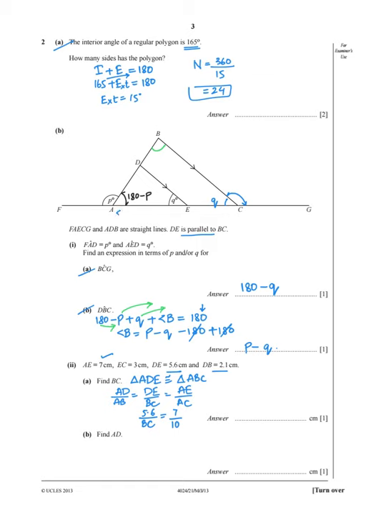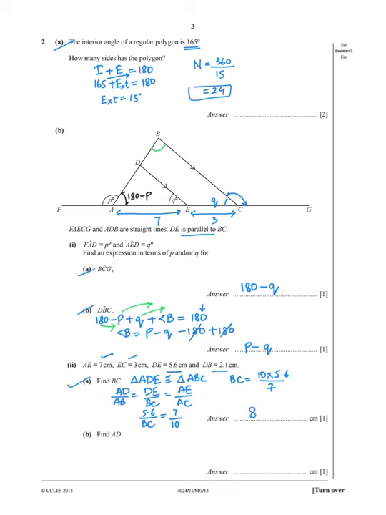You have AE equals 7 and EC equals 3, it is given. So the total from A to C is 7 plus 3, which equals 10. Now we can simplify to find BC. That will be 10 times 5.6 divided by 7, and that equals 8 centimeters. That is your first part answer.